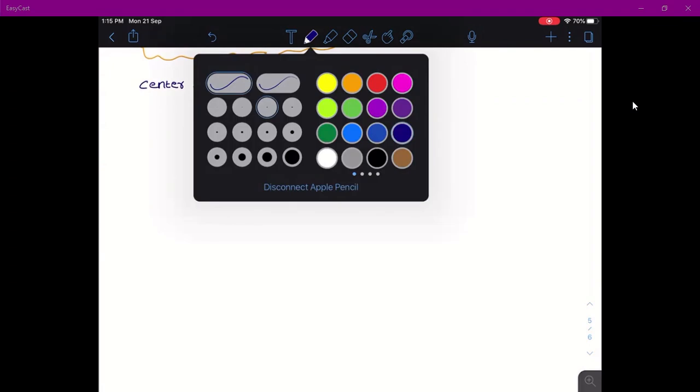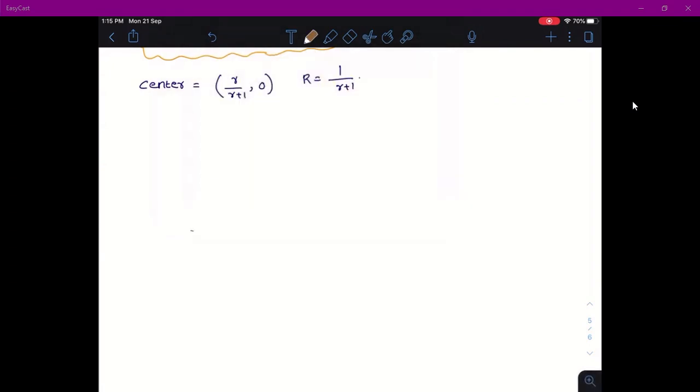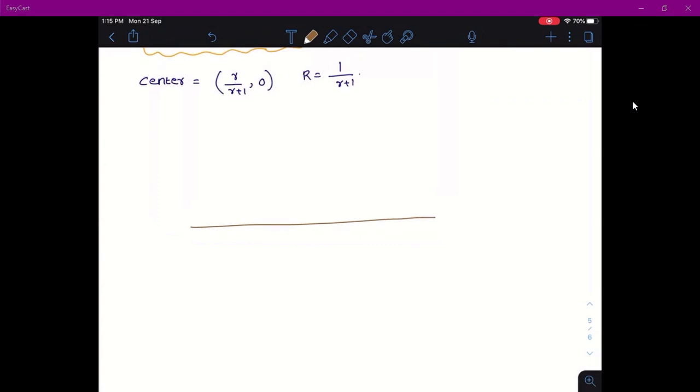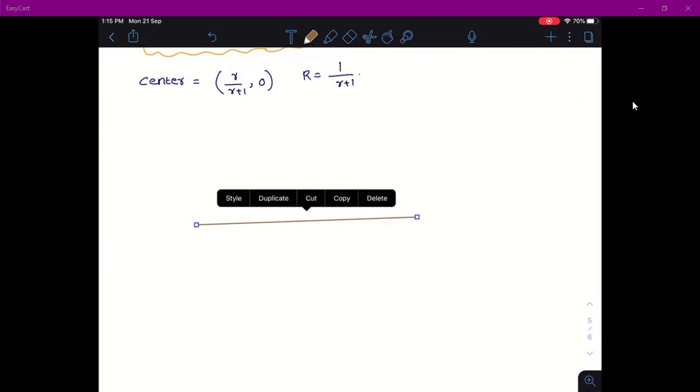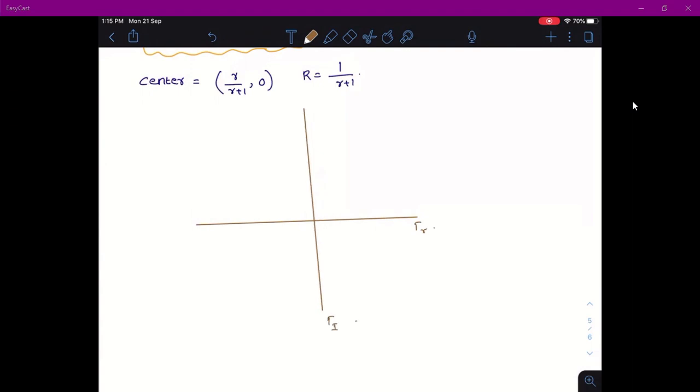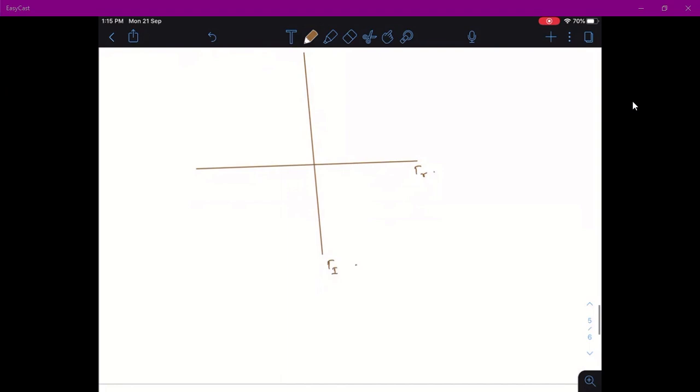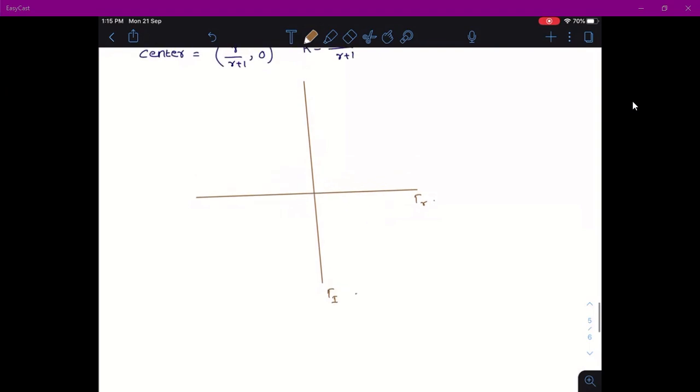I can draw a straight line, this is the tau r axis, and another straight line which is the tau I axis.